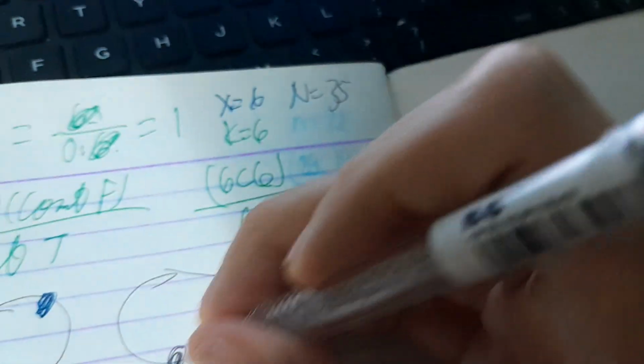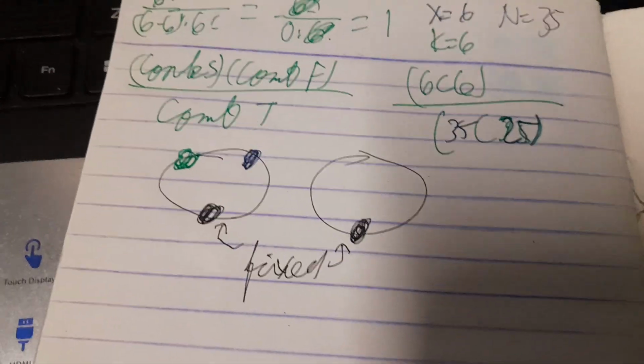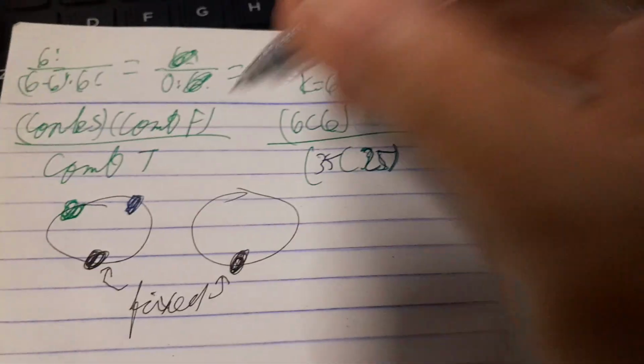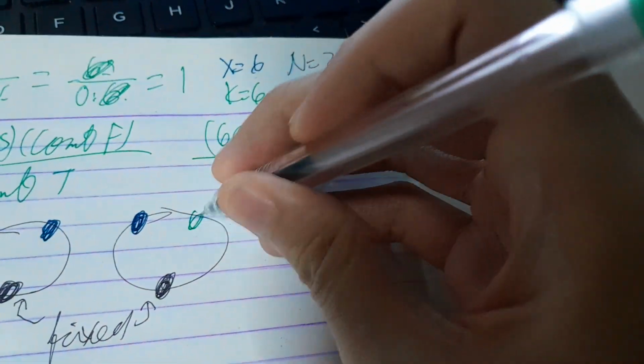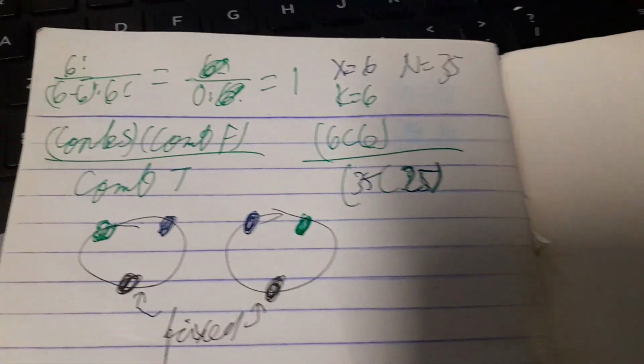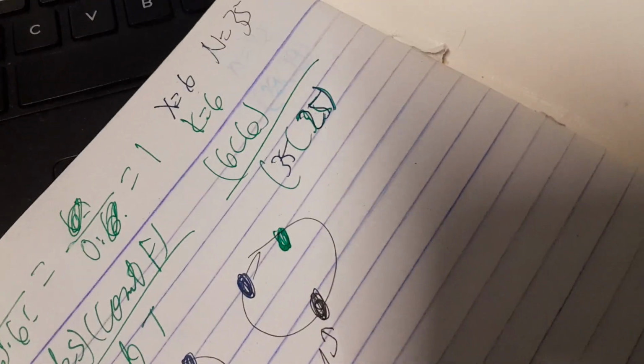Or let's say this one is fixed. Remember the black one is fixed. When we go to circular permutation, you should always have a fixed reference. Then here is the blue, and here is the green. If you reverse it, it becomes different: to your left is the blue, to your right is the green.